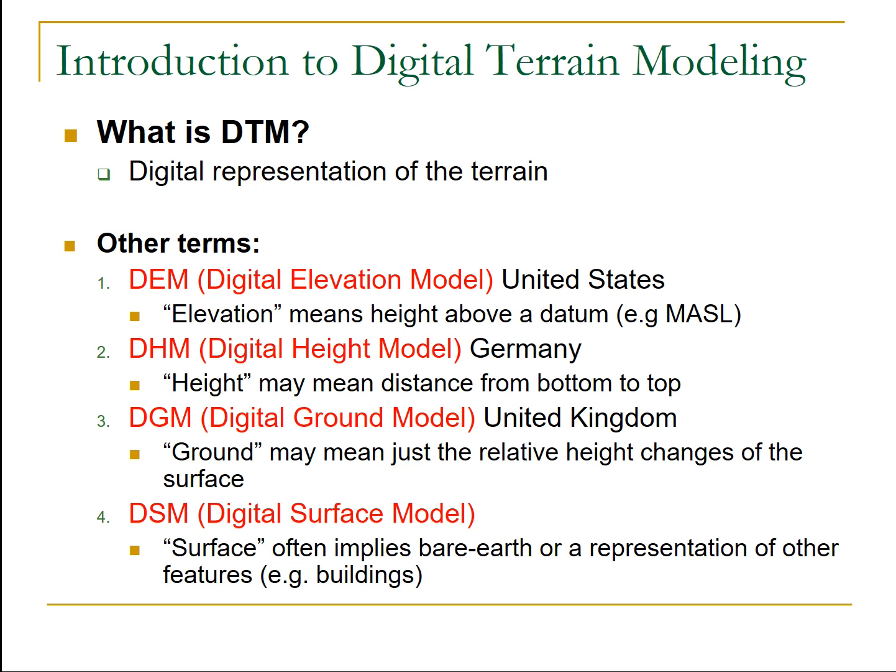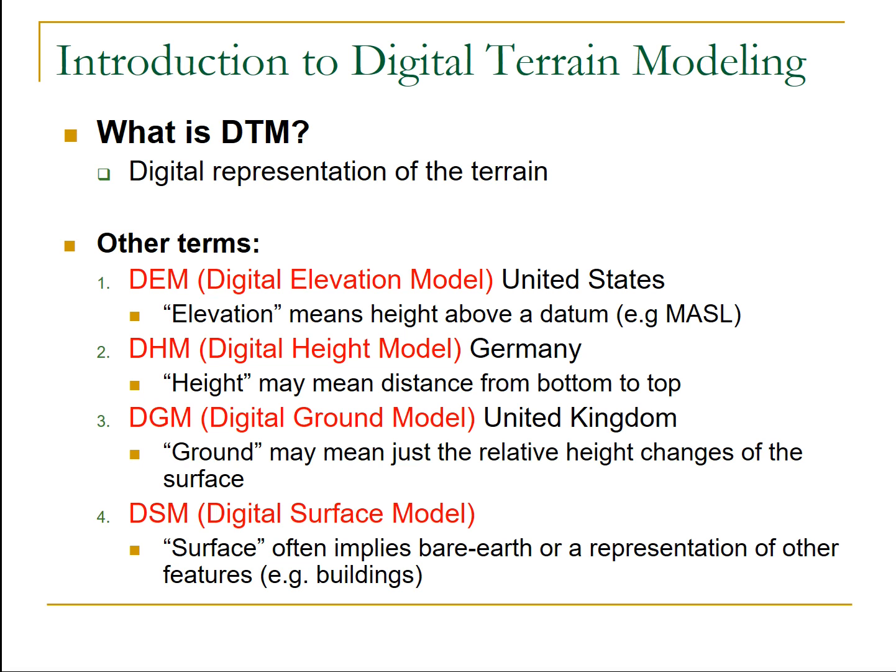And there's also a digital height model, which is found in Germany. Height just means distance from bottom to top. Then we've got the digital ground model in the UK, just looking at relative height changes, because really the UK starts at sea level, right? They are really close to that, and not a very big country, or a series of countries, so they can use just a ground model.